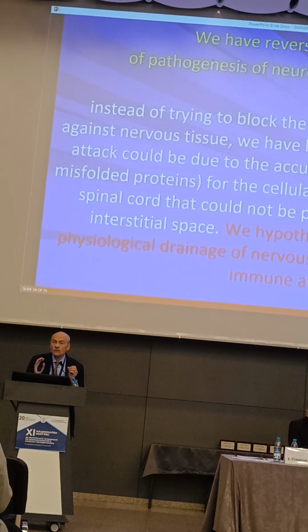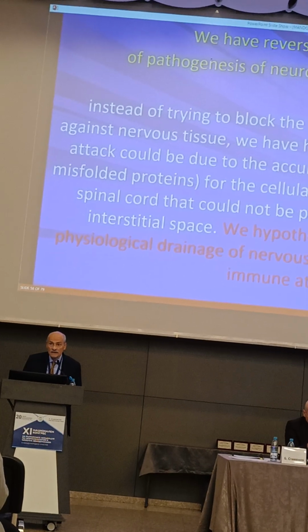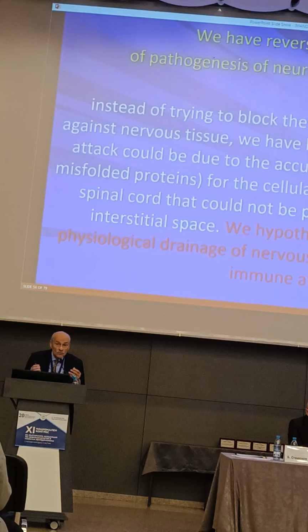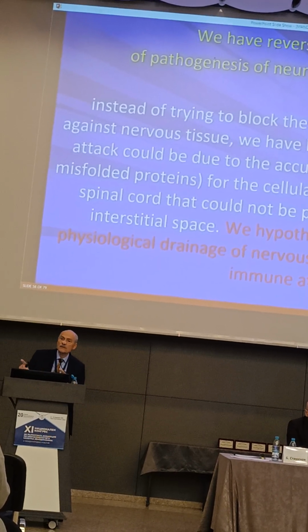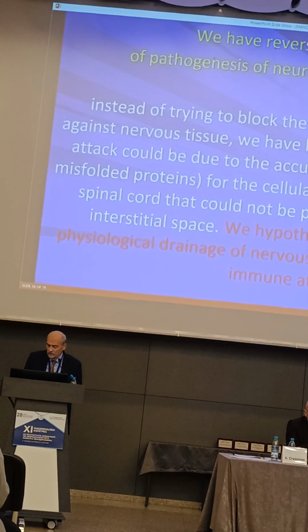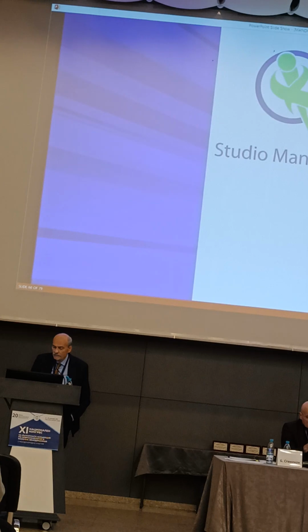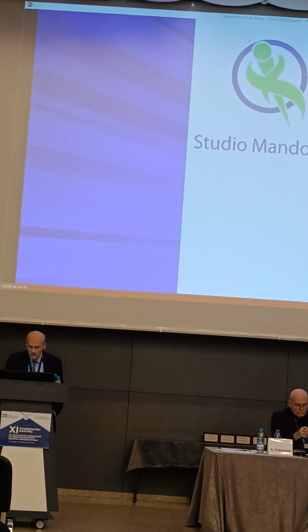Our brain has this, how to block this. The problem, perhaps, is the misfolded proteins, and other proteins that we don't know at the moment, that stimulate this immune attack. With this protocol, now I give you a video.